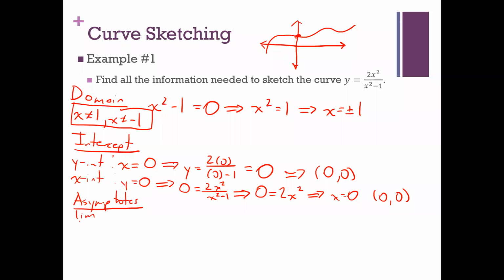Whether or not you realize it, you're kind of taking a limit as x goes to infinity. That's what causes the -1 to not really matter, for its role to get squashed in this. So yes, we have that the limit is equal to 2, which means we have a horizontal asymptote at y equals 2.